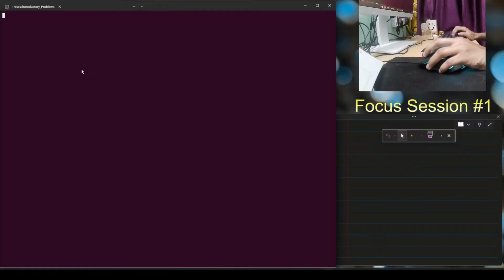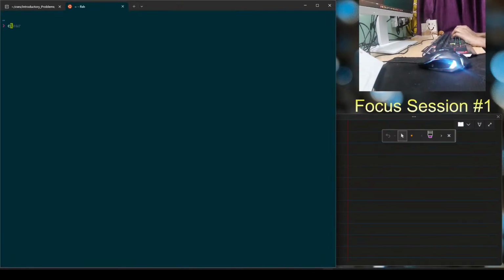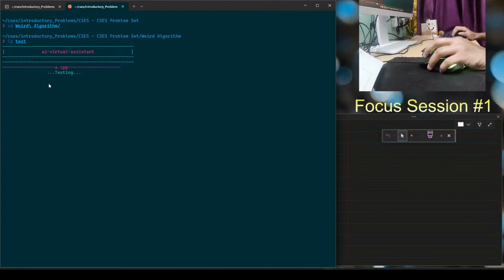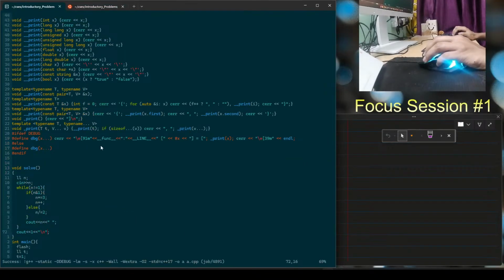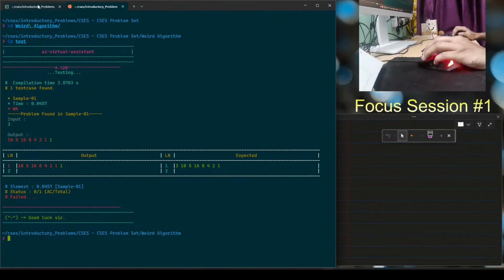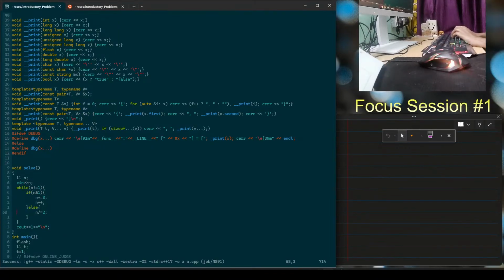Let us open another file also. We have the algorithm. Let's see if this is working fine. It failed. Alright, my bad. N should be output.